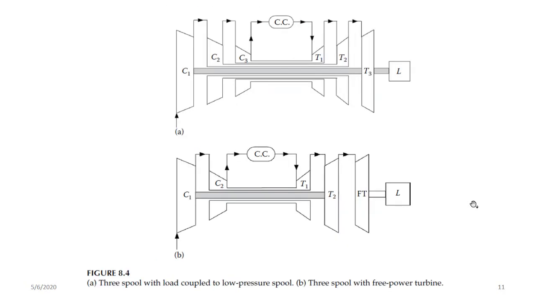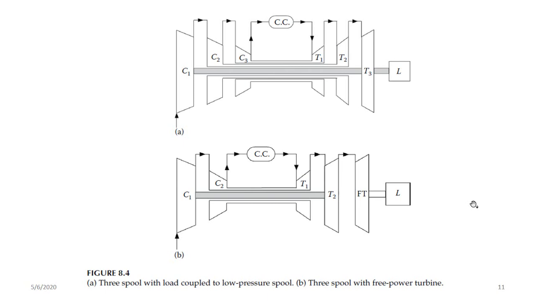All right, and this is a 3-spool industrial gas turbine. So again, in figure A, you've got turbine 3 that drives compressor 1 and the load, then turbine 2 drives compressor 2, and turbine 1 drives compressor 3.